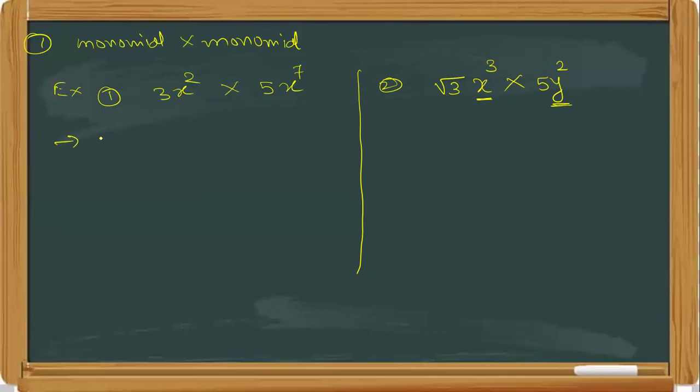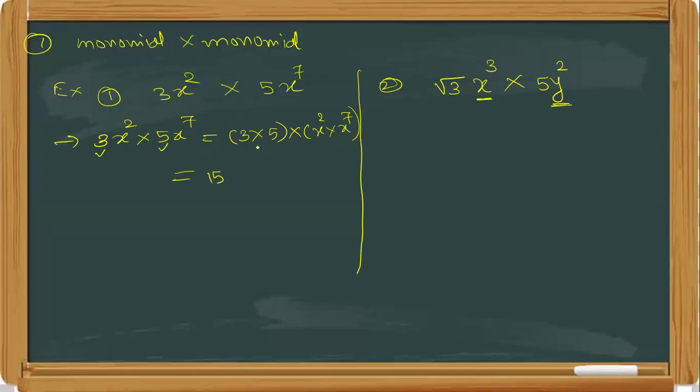Now see, 3x square into 5x raised to 7. How to multiply? These 3 and 5 are numbers, so multiply these two numbers. Multiply the variables x square into x raised to 7. Understood? 3 fives are 15.